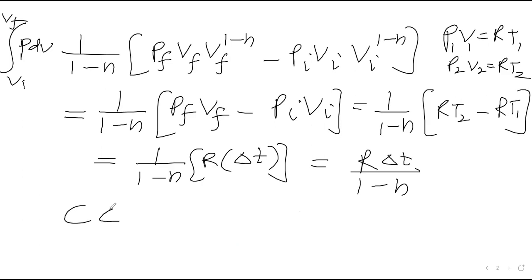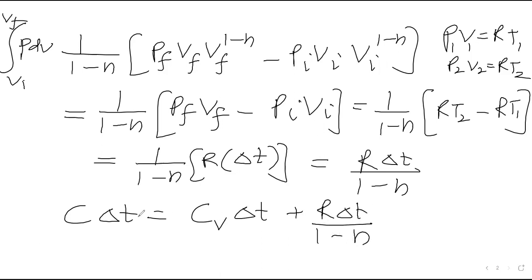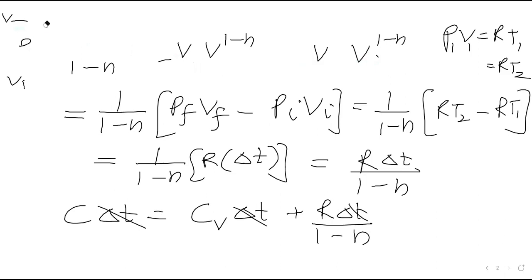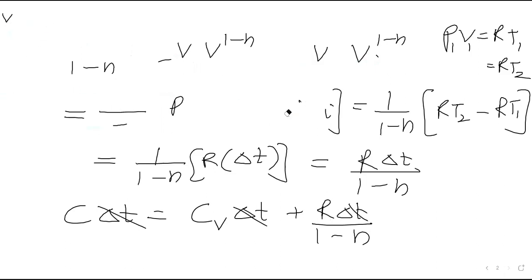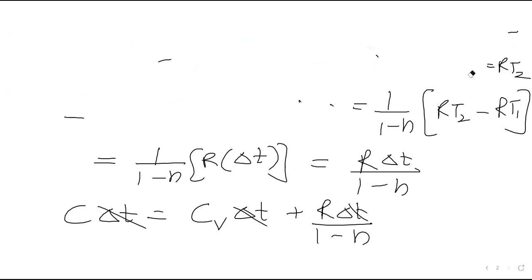C delta T is equal to CV delta T plus R delta T upon 1 minus N. Delta T nicely gets cancelled. And we get something as, let's clear this first.